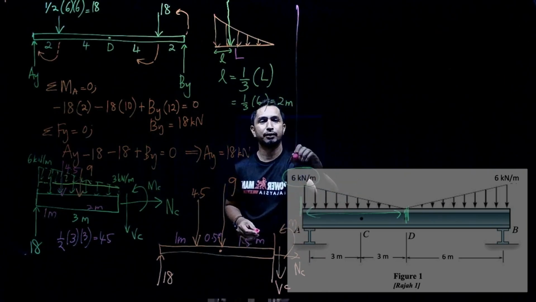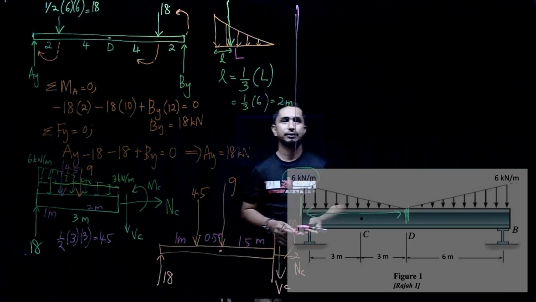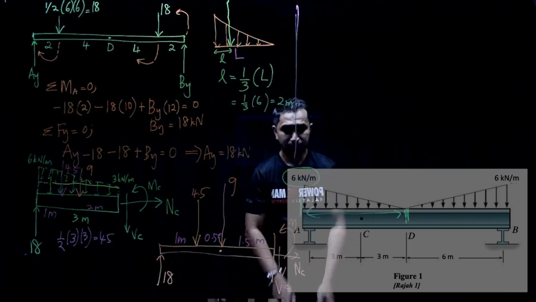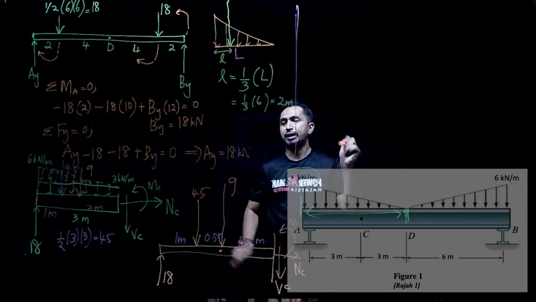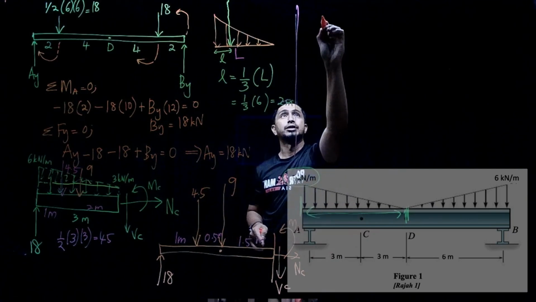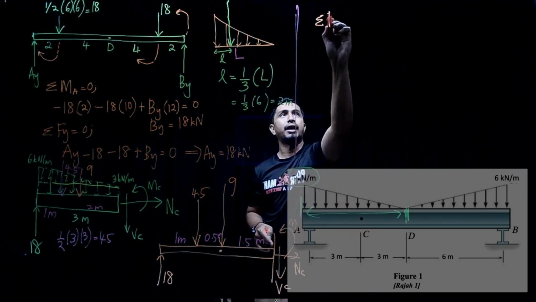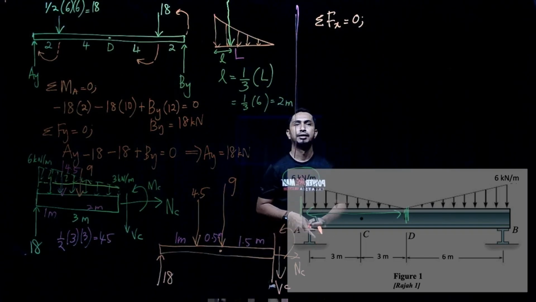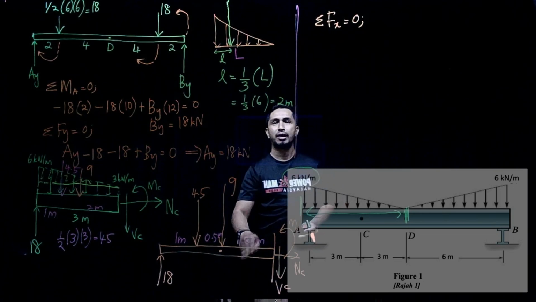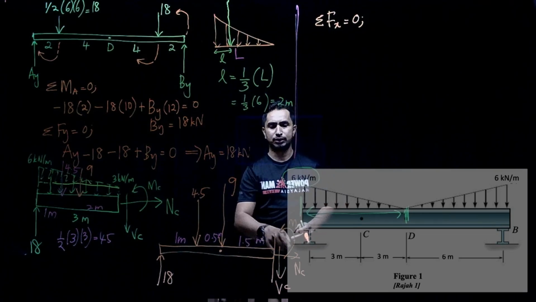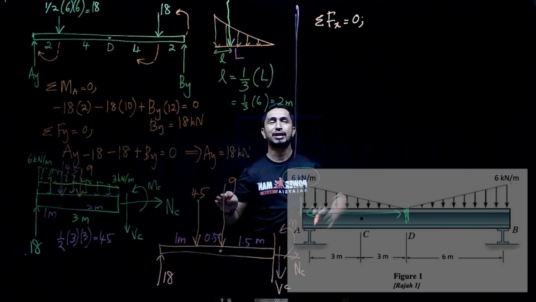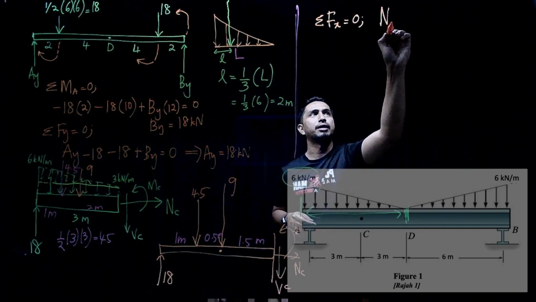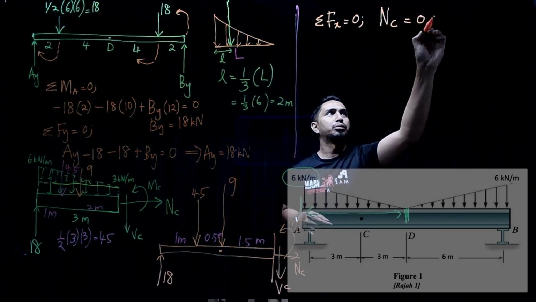Okay, we do it now. First, how to find NC, the normal force. Summation of Fx equal to 0. For sure, from this figure, there is only one force, NC, on the x-axis. Then straight away, you can say that NC equal to 0.